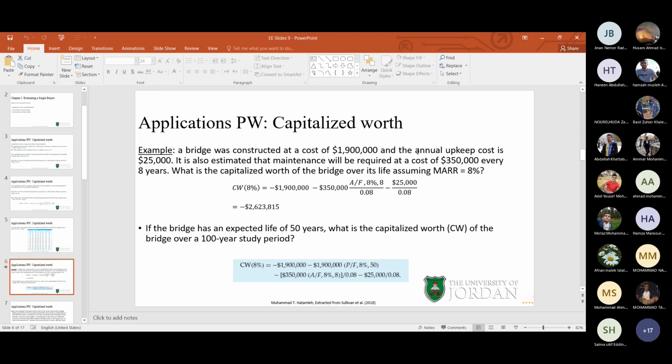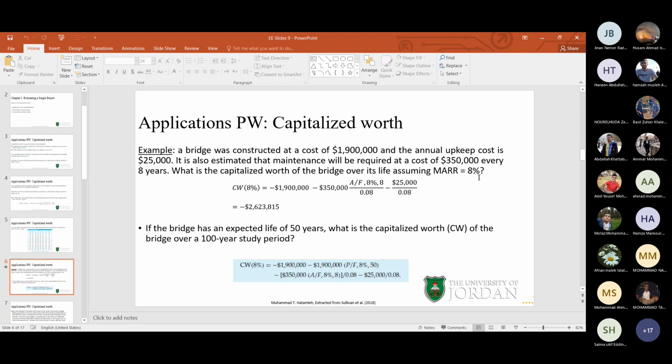Each year, I'm gonna pay $25,000 for the upkeep of that bridge, from the maintenance, the service for the bridge. Now, it's also estimated that the maintenance will require a cost of $350,000 every 8 years. فكل 8 سنوات أنا راح أعمل maintenance, and that would cost me $350,000. Now, what is the capitalized worth of the bridge over its life, assuming a minimum attractive rate of return of 8%?